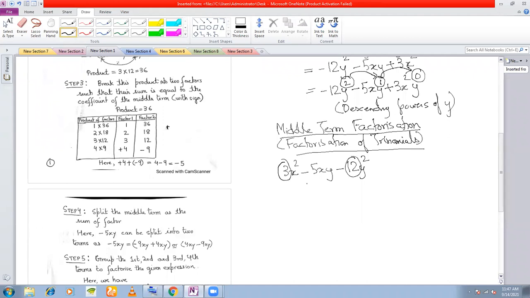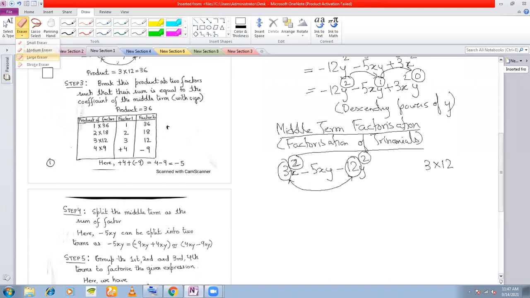Okay, the one with the highest powers. If you see, the highest powers are x squared and y squared, you multiply these two. Forget about the sign, only multiply the numbers. These are called the coefficients.